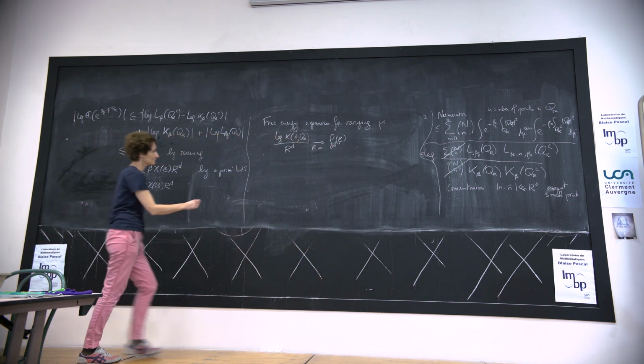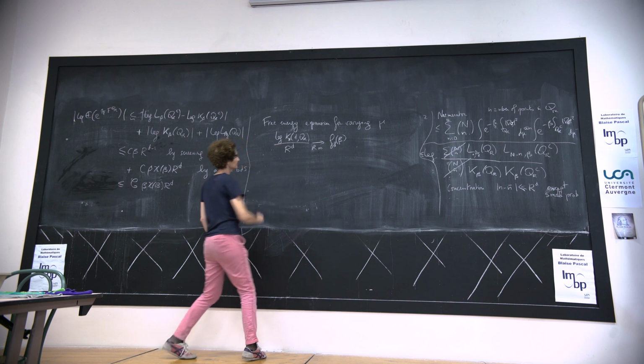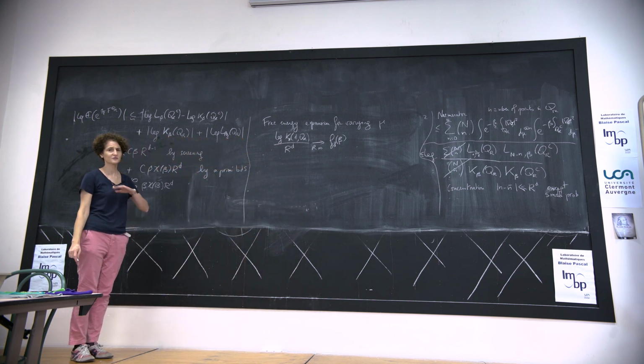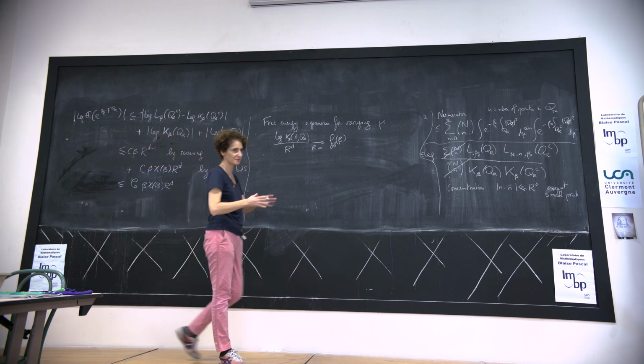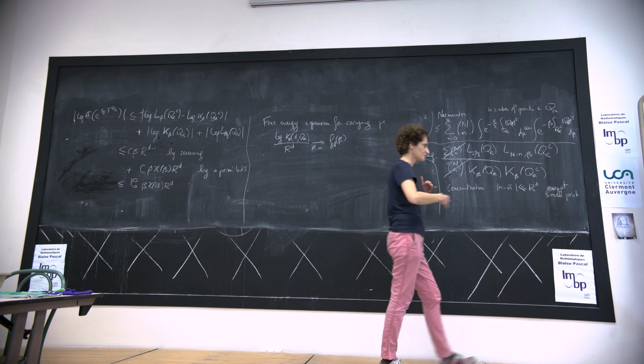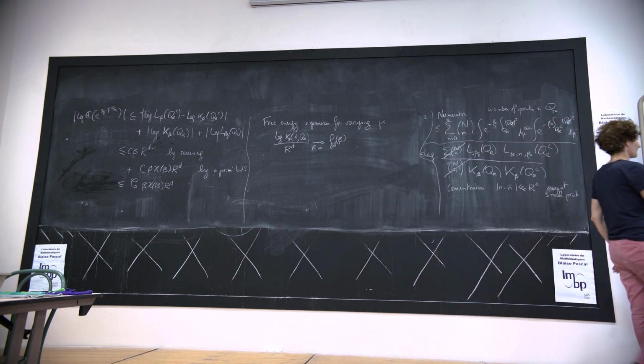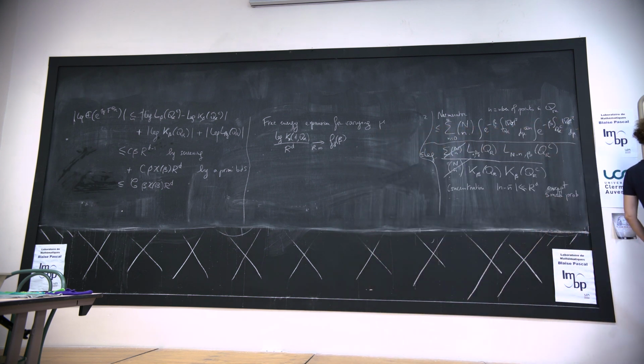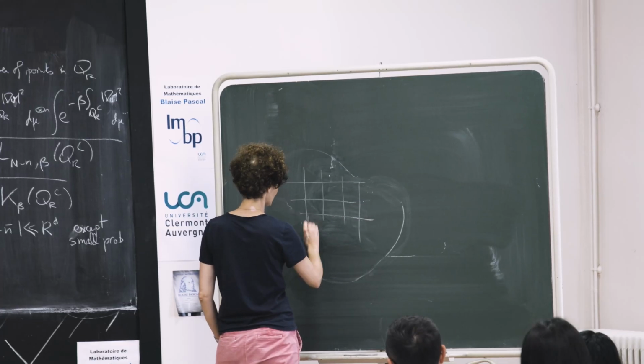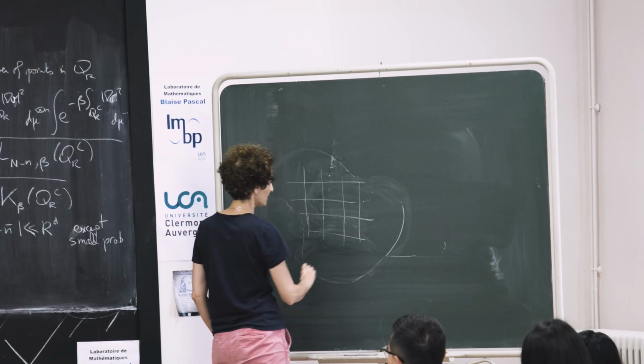And there's a beta here, of course. So that's for uniform background. And we saw this by sub-superadditivity. But in the same way, we have sub-superadditivity for any mu, for any background.